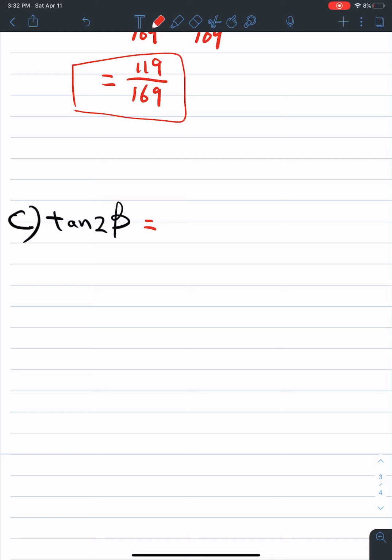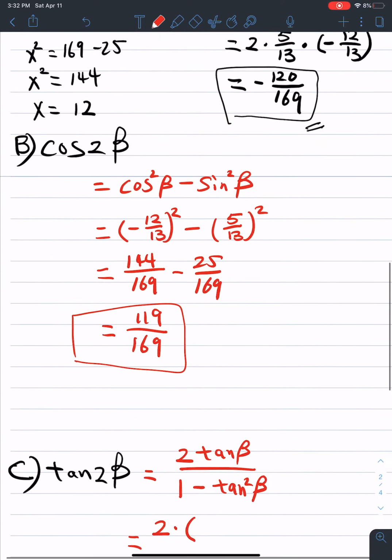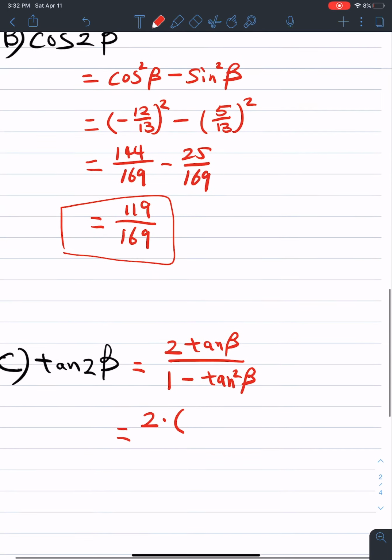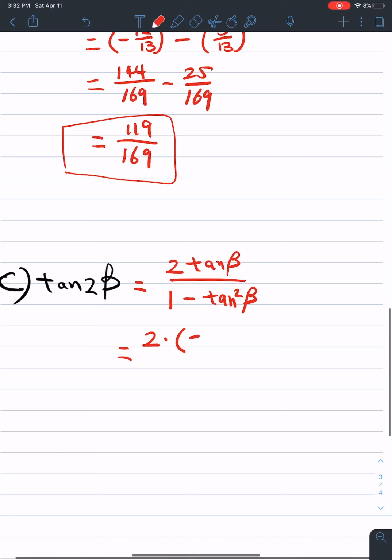So we are using the formula: 2 tangent theta over 1 minus tangent squared. So do I know tangent? Yes. 2 times tangent. What's the tangent? Negative 5 over 12. So we get negative 5 over 12.